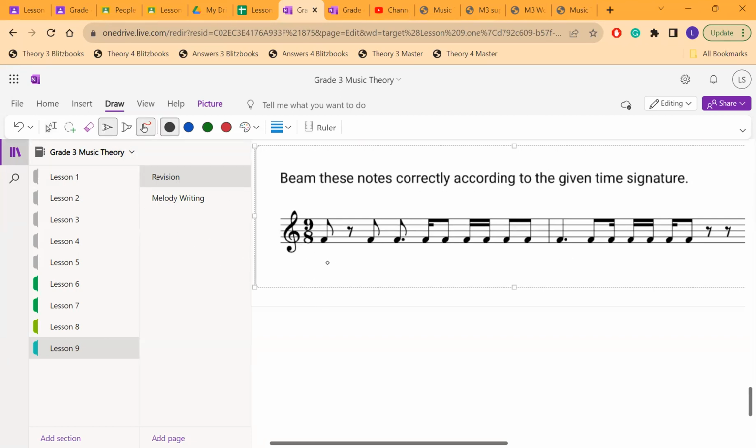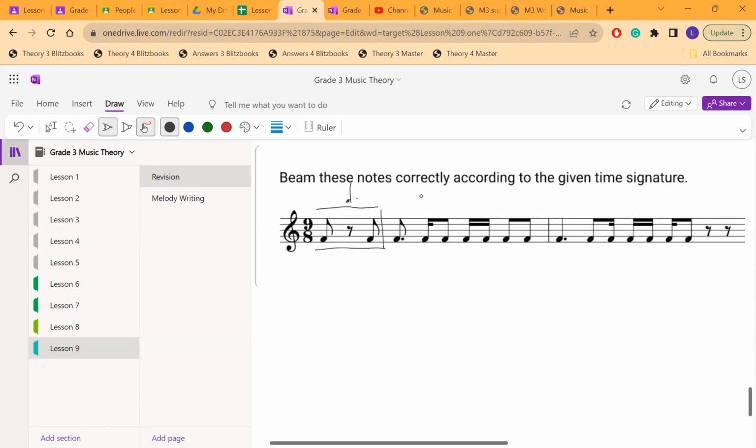So with this one you have to be careful. We have to separate this into dotted crotchet worths first. You changed the notes again. Did you change the notes? Please check. You definitely changed notes because that doesn't work.